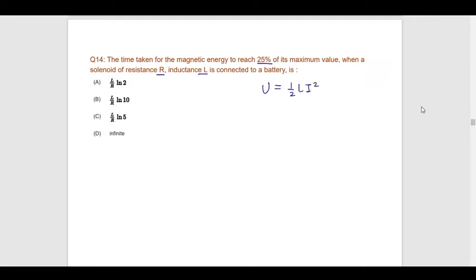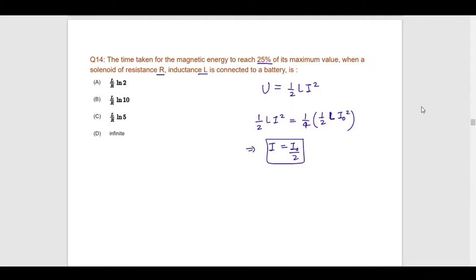Half Li square. So we can say that the final energy when some current I is flowing inside the solenoid is one fourth, that is 25%, of the maximum amount of energy. So when we sort this out, we will figure out that the value of electric current will be equal to half of the maximum value of electric current, right?